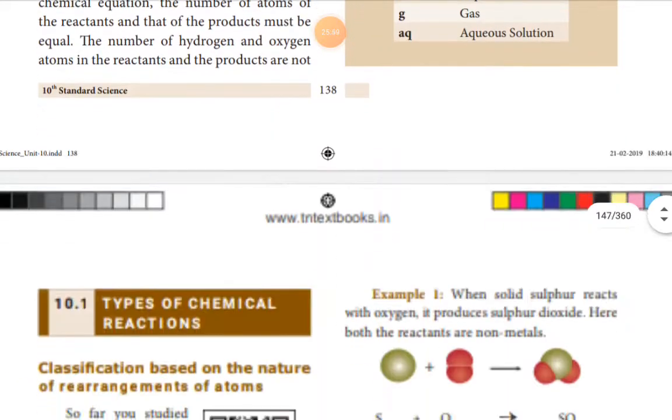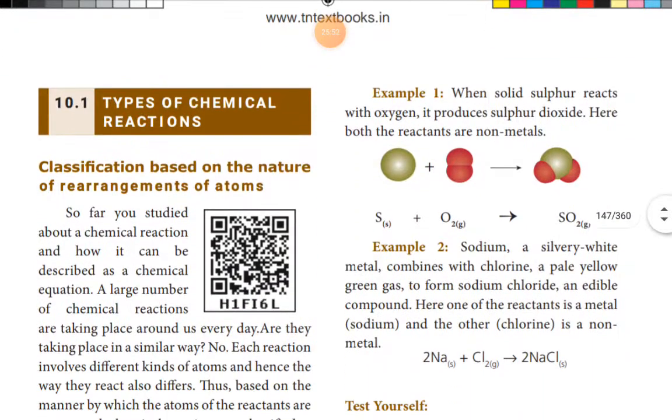Next we are going to study the types of chemical reaction, a classification based on the nature of rearrangement of atoms. So far you studied a chemical reaction and how it can be described as a chemical equation. A large number of chemical reactions take place around us every day. Are they taking place in a similar way?